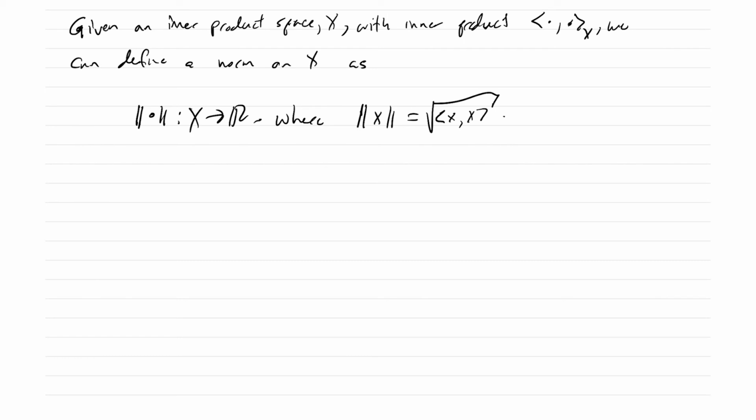What we have then is some nice things: the norm of X is equal to 0 if and only if X is equal to 0, right? That just comes from the inner product thing that we just talked about.